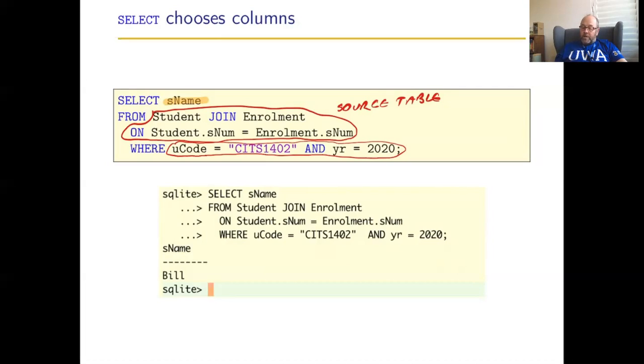Finally, it goes into the select area, and then that will only keep the values that are named there. Okay, so the full statement then is select sname from student join enrollment on student.snum equals enrollment.snum, where ucode equals CITS1402 and year is 2020. The answer, the only person in the database who's taking this unit is Bill.